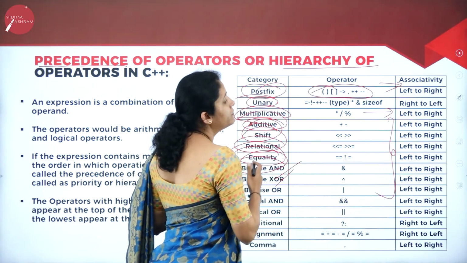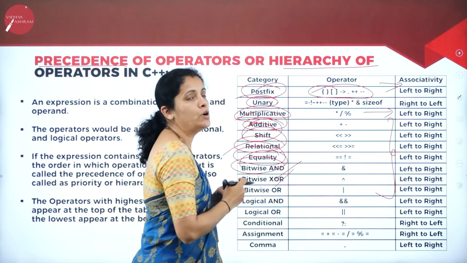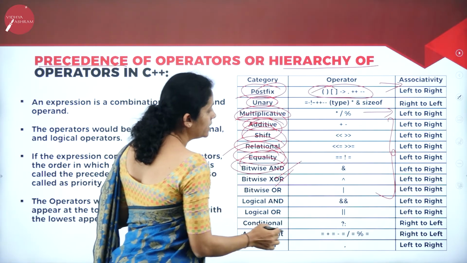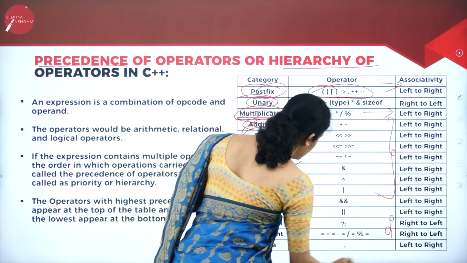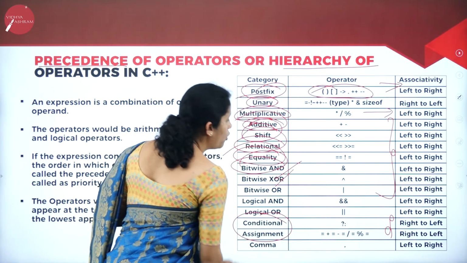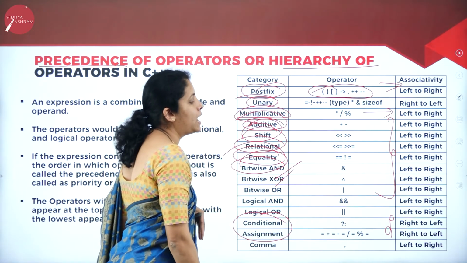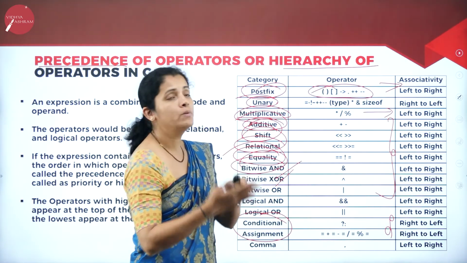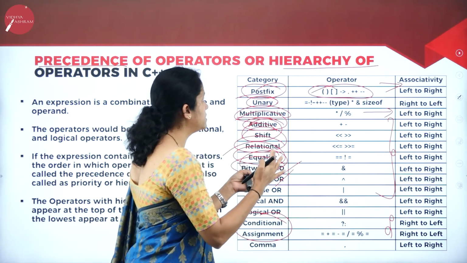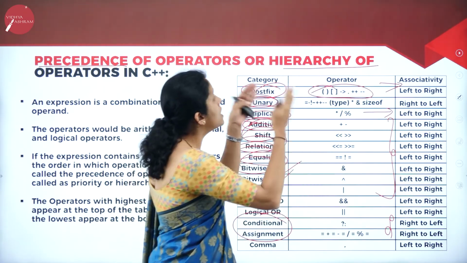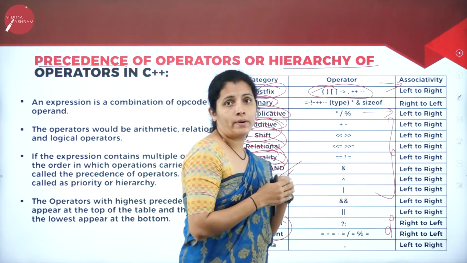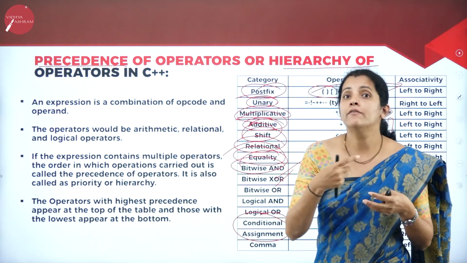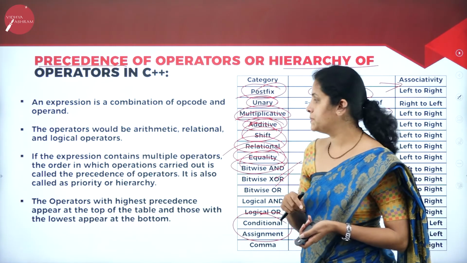That is left to right. That means I'm going to start evaluating from left to right. And if I get conditional and assignment operators, in that time how am I able to start my evaluation, that is from right side to left side. So these are the associativity of the operators that I want to follow during the evaluation of the expression.